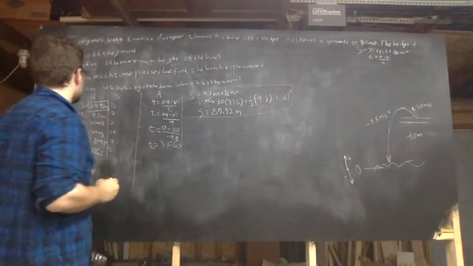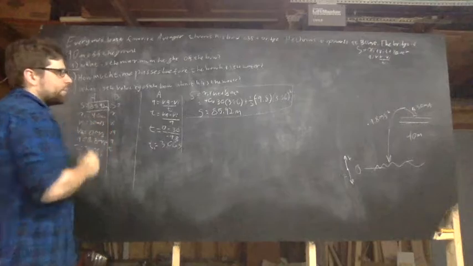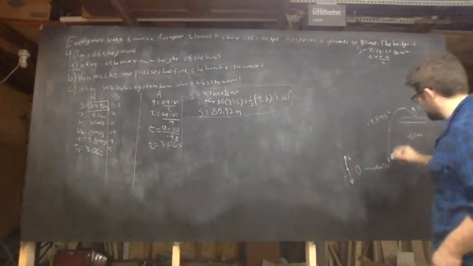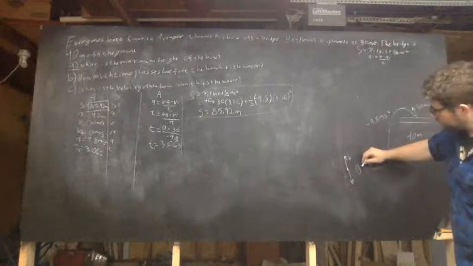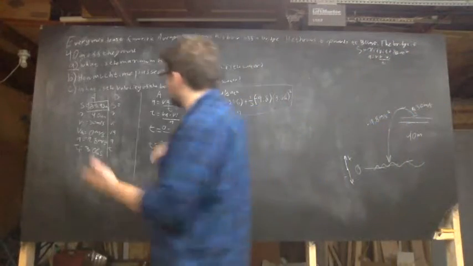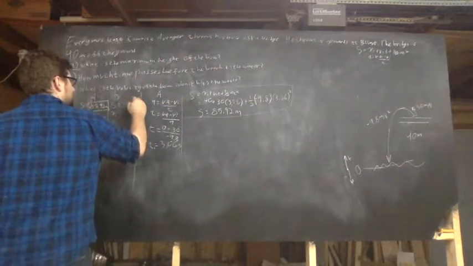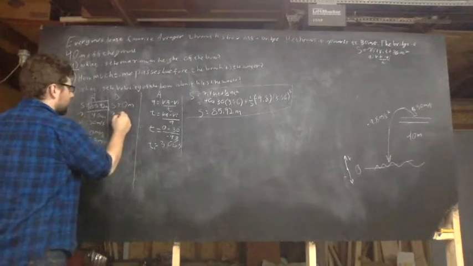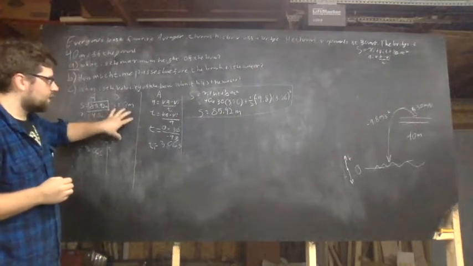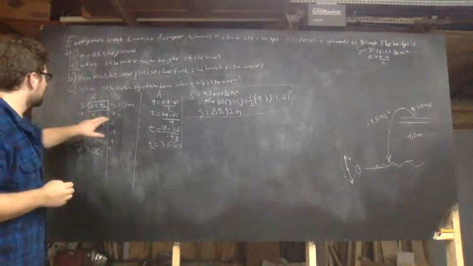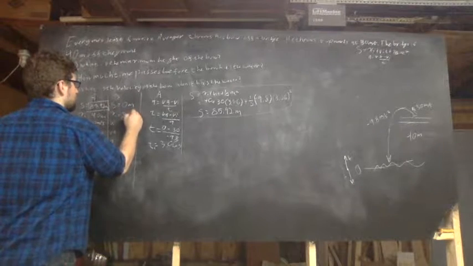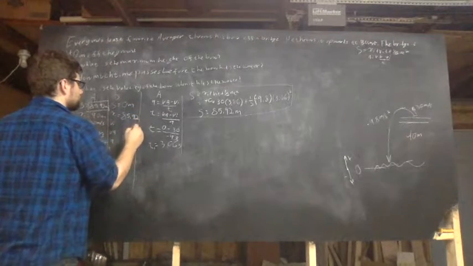Now, part B, my S. What is my S for part B going to equal? Well, I know the end of my motion. The end of my motion that I'm tracking is when it hits the water. What displacement is the water? What position? 0. So S is going to be 0. Nice and simple. My XI, remember, my final conditions from part A are going to be my initial conditions for part B. So XI is going to be my former S, 85.92.